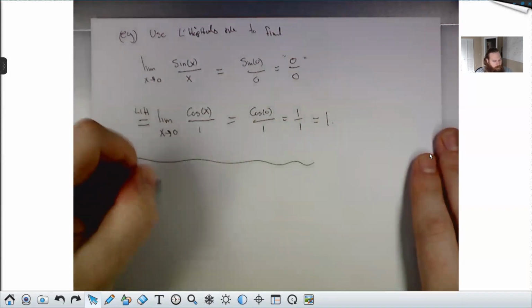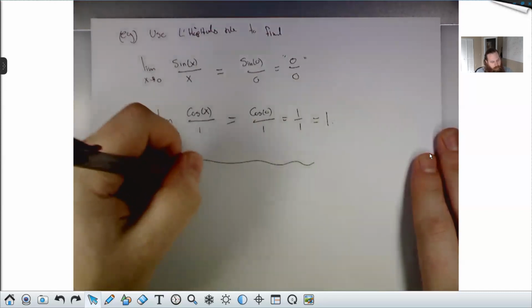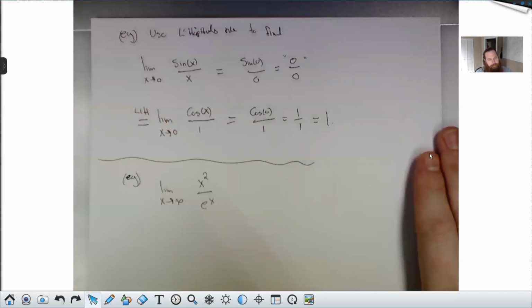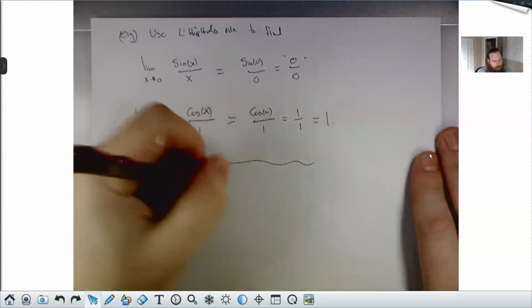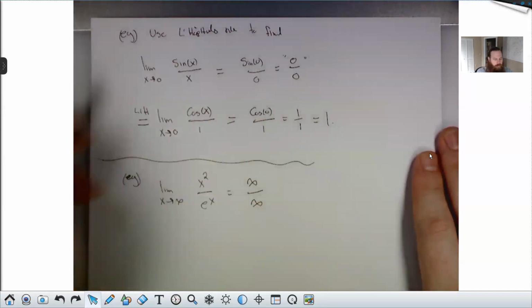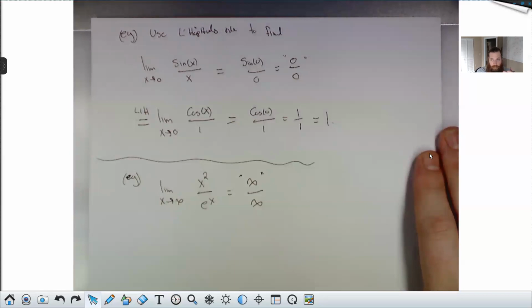Maybe I want to try and take the limit as x goes to infinity of x squared over e to the x. Well, here, as x goes to infinity, we know x squared goes to infinity, and e to the x also goes to infinity. So this looks like infinity over infinity, which is another indeterminate ratio.